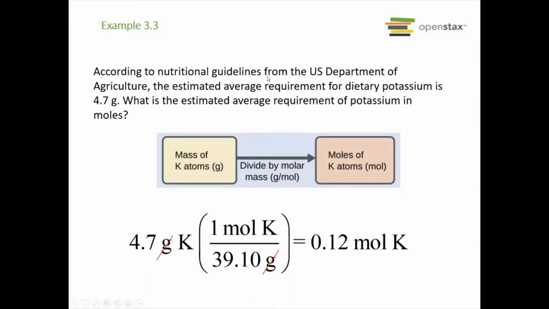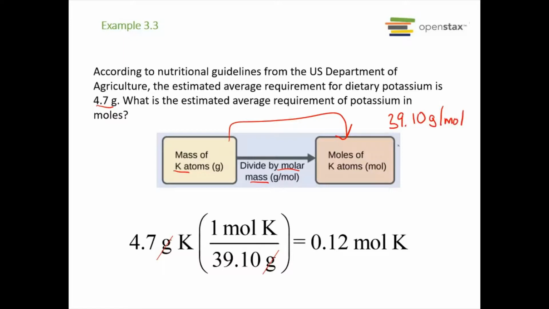So let's look at example 3.3. We're told the estimated average requirement for dietary potassium is 4.7 grams, and we want to know what this is in moles. So we're just talking about potassium, okay? So we need to go from mass to moles, and we do that by using molar mass. So we look in the periodic table, we see the molar mass, or atomic mass, of potassium is 39.10 grams per mole.